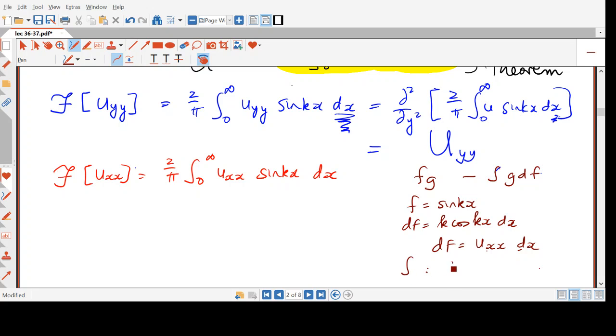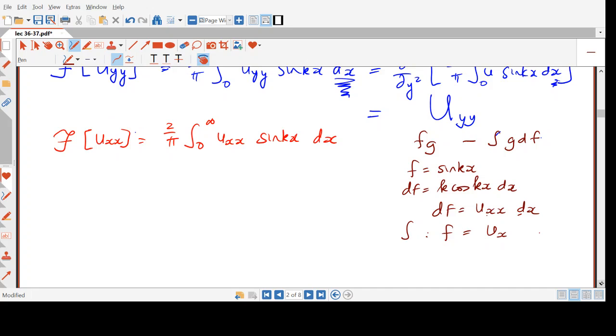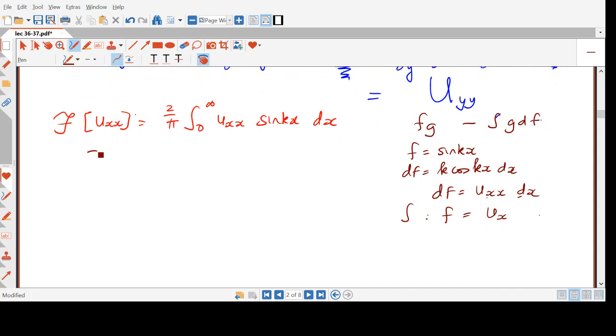Integrating this once, you'll get f to be ux, just one derivative. So this will be fg minus integral g df. That's the integration by parts procedure. That's 2 over pi fg will be sine kx times, so this should have been d, that was f, this is dg.